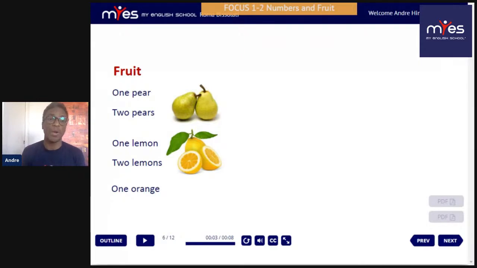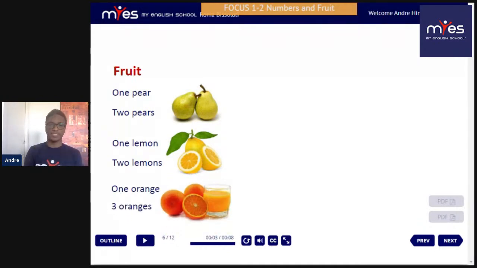So there is 1 orange. But there are 3, many. There are 3 oranges. So remember, it's pronounced oranges, the plural. So there are 3 oranges, but 1 orange. Excellent. So that's the singular and the plural. Excellent, Larissa.